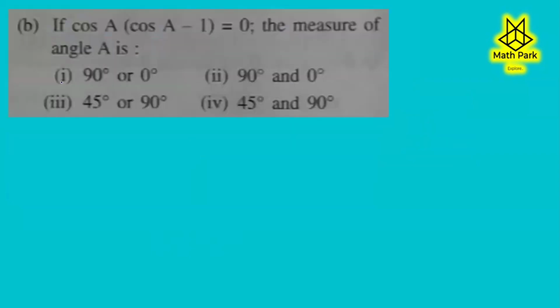B, cos A into cos of A minus 1 is equal to 0. These are the two factors. So if you have cos of A is equal to 0, then we know that cos of 90 is equal to 0. So you get A is equal to 90 degrees. Okay.